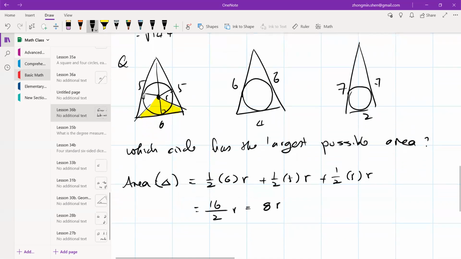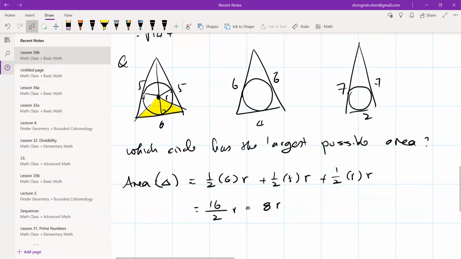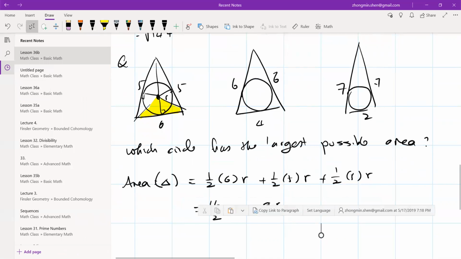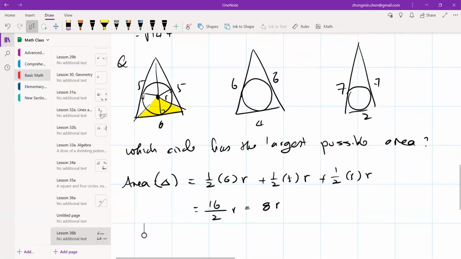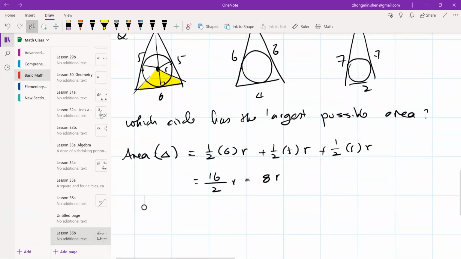So that is why the radius on the left-hand side has the largest possible radius. Then the area of the circle, this circle has the largest area among all the 3 circles.